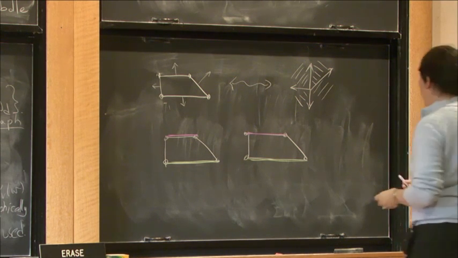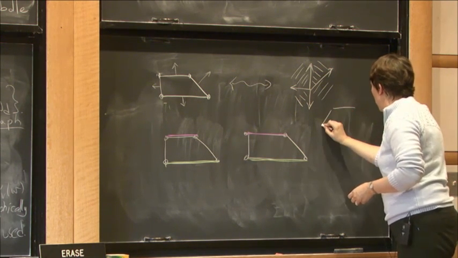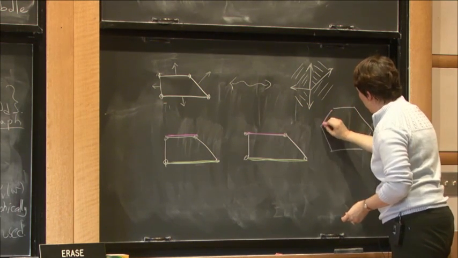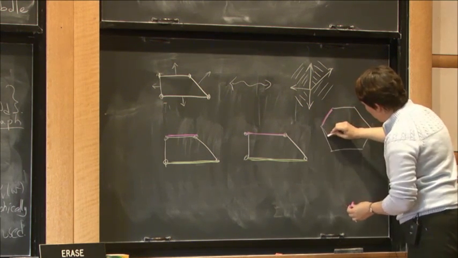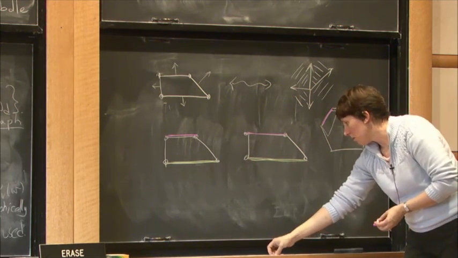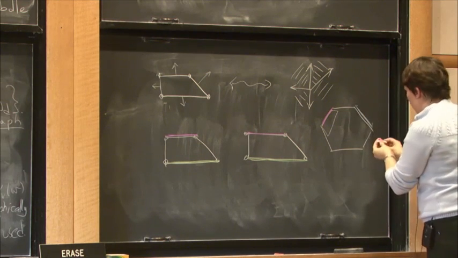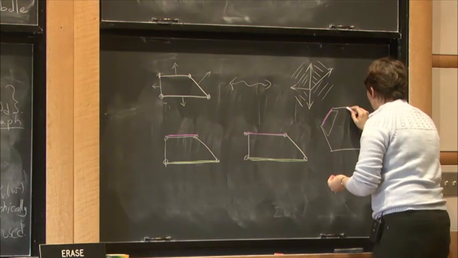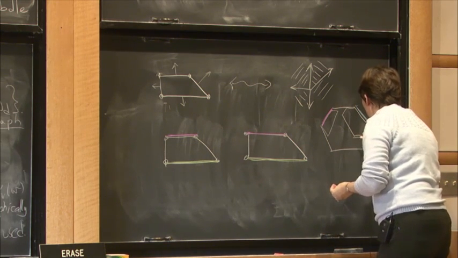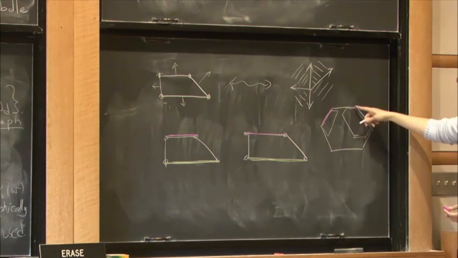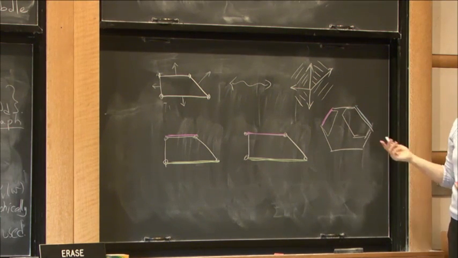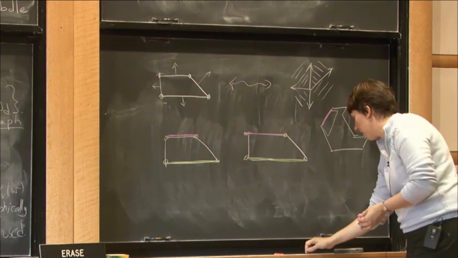So you could have something like this, and this, say, is glued to something like that, and this one is glued to something like that. So this saying that they have to agree means that I have to come out along the same directions, and then I could have glued it to, say, a third one here.